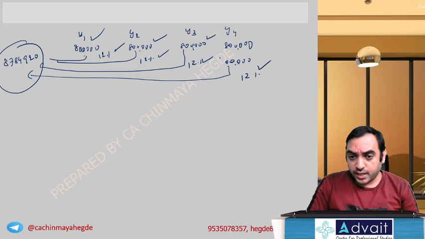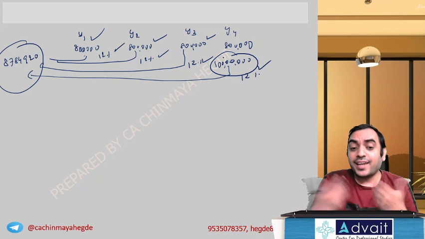So this ultimately came to 100 lakh, correct? Because that's how we calculated.